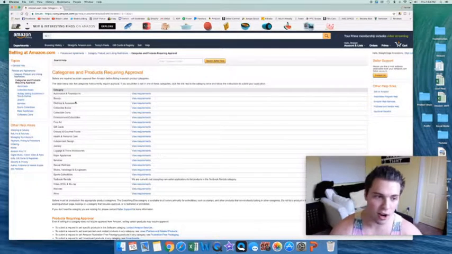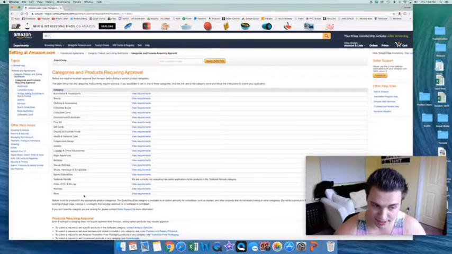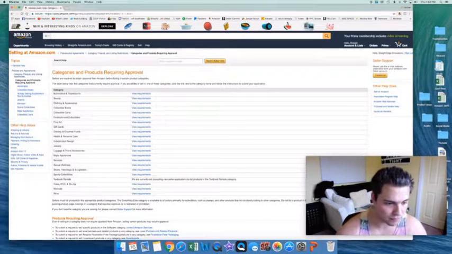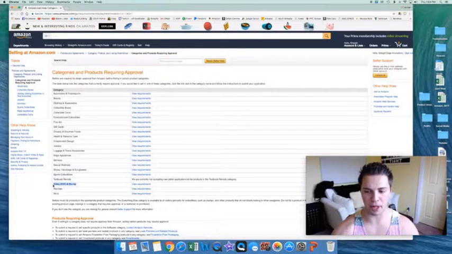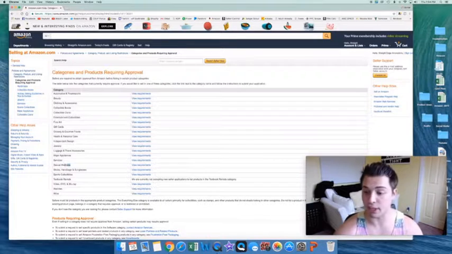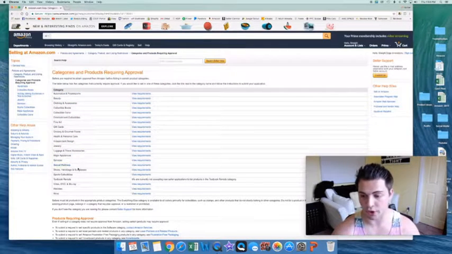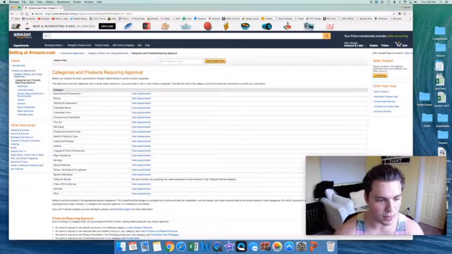Now, those categories are pretty much everything except for DVDs, which doesn't matter for private labeling. We're not going to start a DVD. Collectibles. Sexual wellness is a difficult one. You have to show invoices and other stuff, and I wouldn't recommend it for beginners. It's very, very complicated.